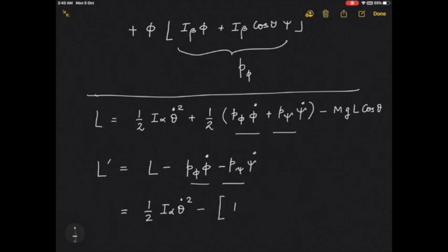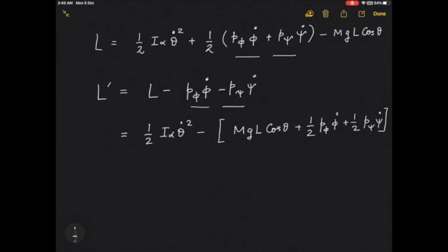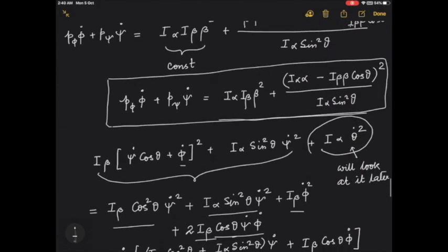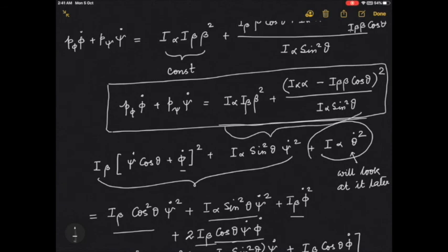So I write this minus mgl cos theta plus half p phi phi dot plus half p psi psi dot, which I can write now explicitly, eliminating phi dot and psi dot, because phi dot and psi dot we have calculated here already.